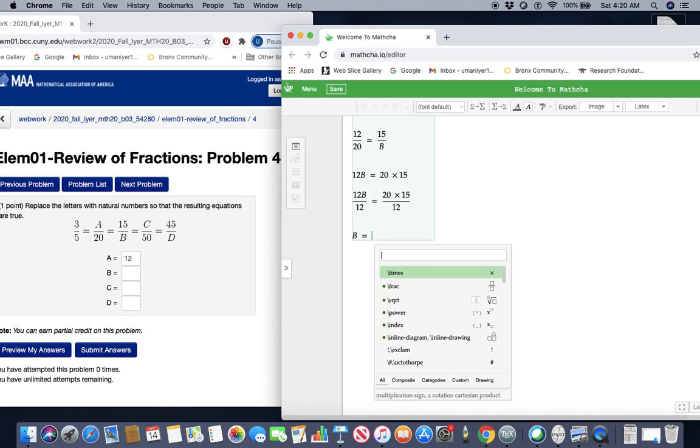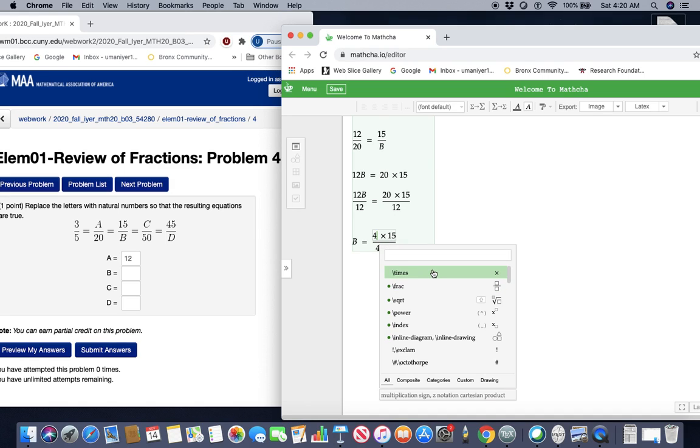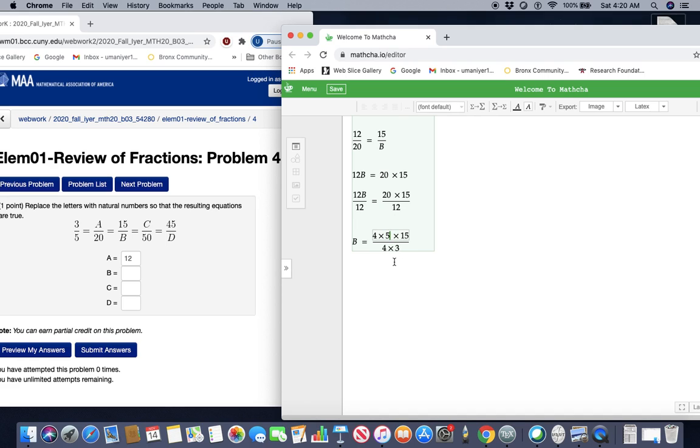Look at 12 and 20: 4 goes in both. I will rewrite 12 as 4 times 3 and 20 as 4 times 5, so 4 cancels.